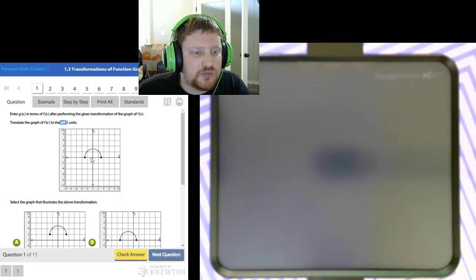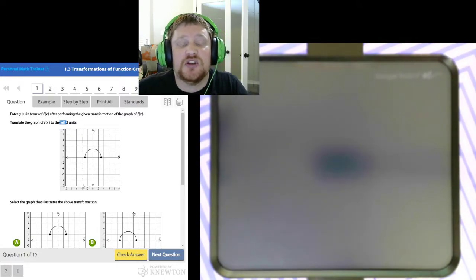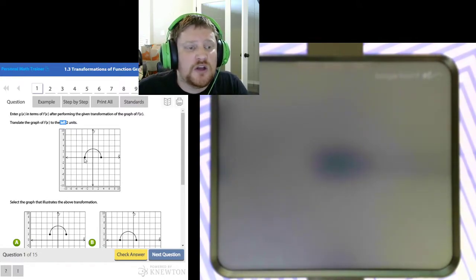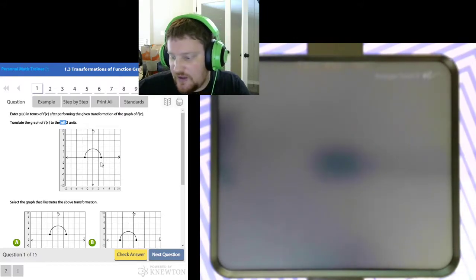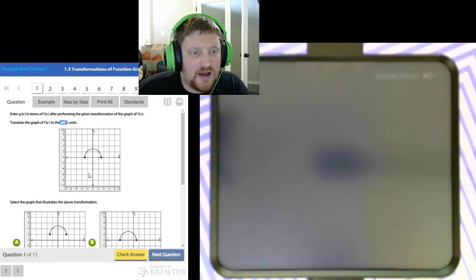So this is pretty well centered, and we are going by 2's. So if I want to move this over 2, I'm actually only going to move it 1 square, because each square is 2 steps. So definitely pay attention to the scale that you have. If I want to move this left 2, I'm going to have 1 square to the left, and that's all the movement we're going to have.